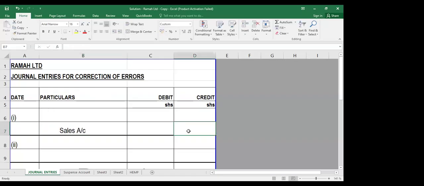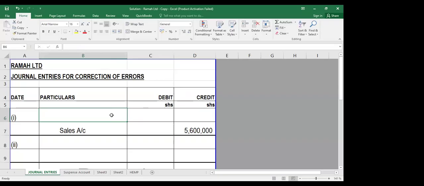So they were undercast, which means, for example, if those sales were supposed to be 15.6 million, in our trial balance we only credited 10 million and left out 5.6 million. So 5.6 million, we shall credit it again on the credit side of the journal entry.